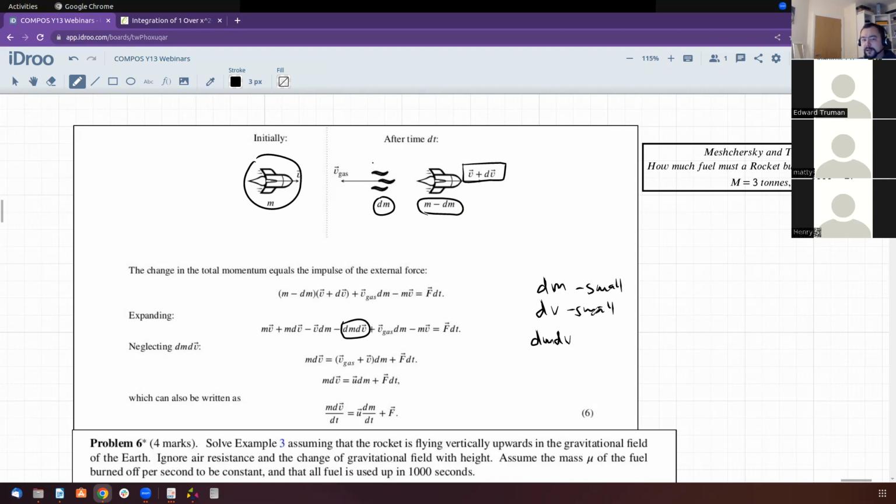So if dm is 10 to the minus 3, dm dv is 10 to the minus 6. So it's 1,000 times smaller, it's infinitely smaller than the infinitely small.